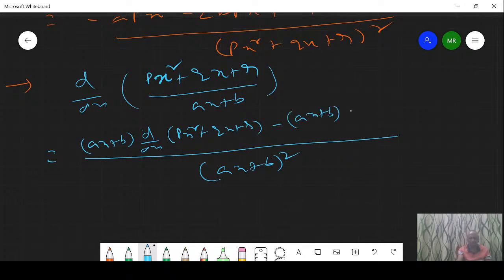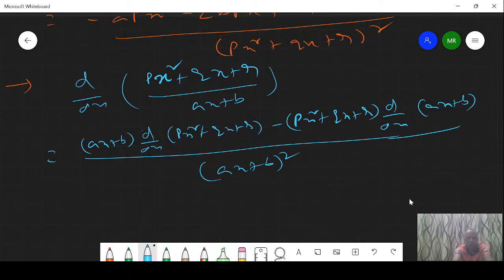Already I have written this step, right? u by v square, v into derivative of u minus u into derivative of v. This is the quotient rule.